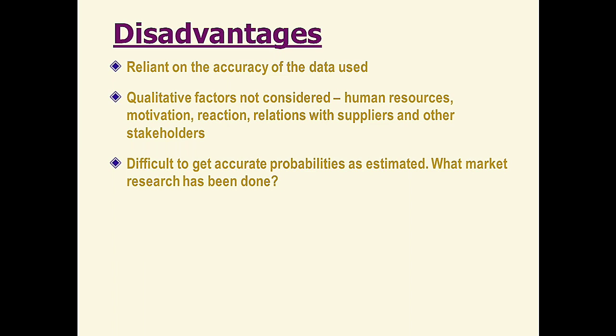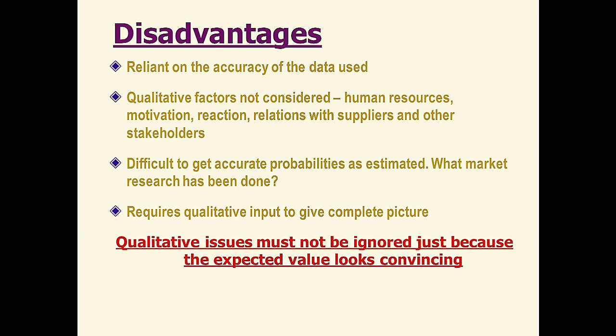So it is difficult to get accurate probabilities, and that will require a lot of market research, and it will still be an expected value, and actual results will always differ from the expected value. Another disadvantage is that it requires qualitative input to give a complete picture. We cannot ignore qualitative information at all, because qualitative issues are crucial and need to be taken into account to come up with the best decision.